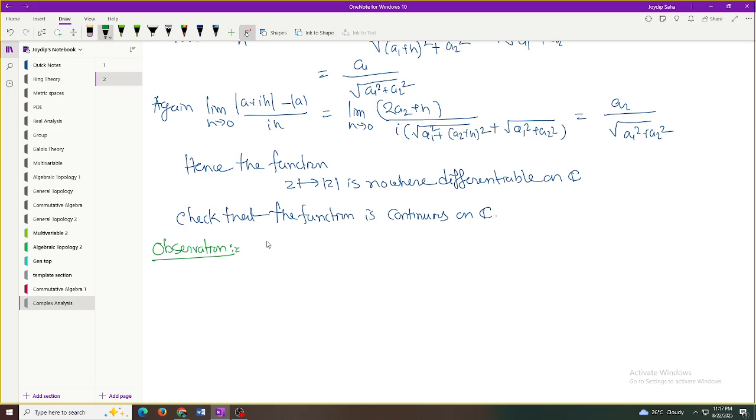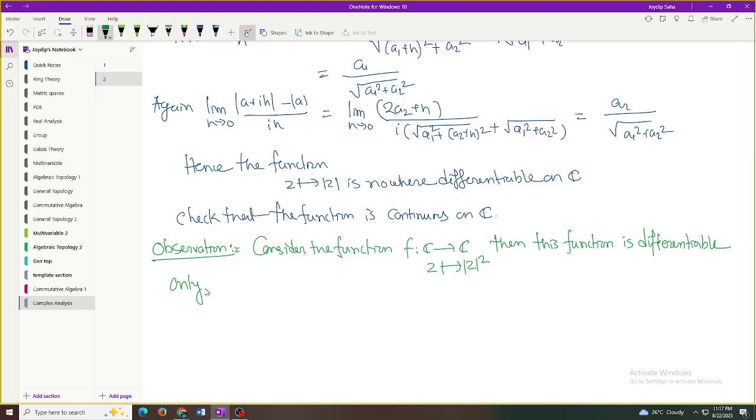Consider the function f from C to C. This function is differentiable at only a single point, 0 belonging to C. Nowhere differentiable on C minus 0.